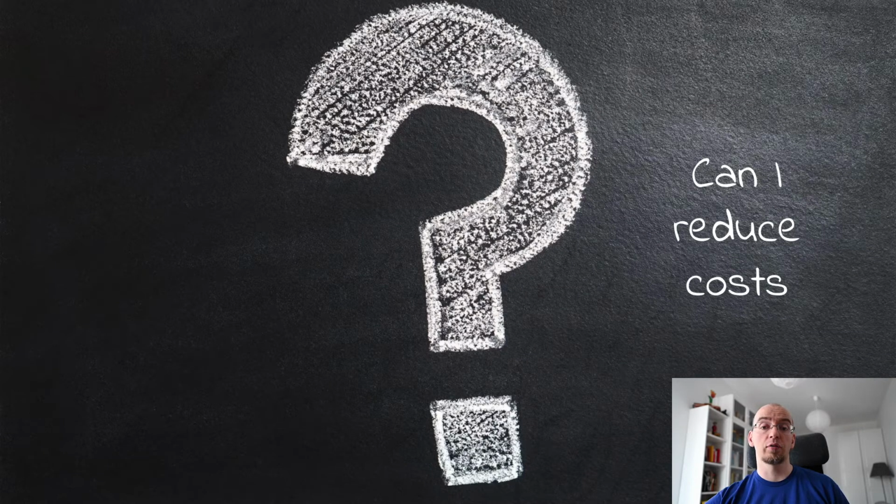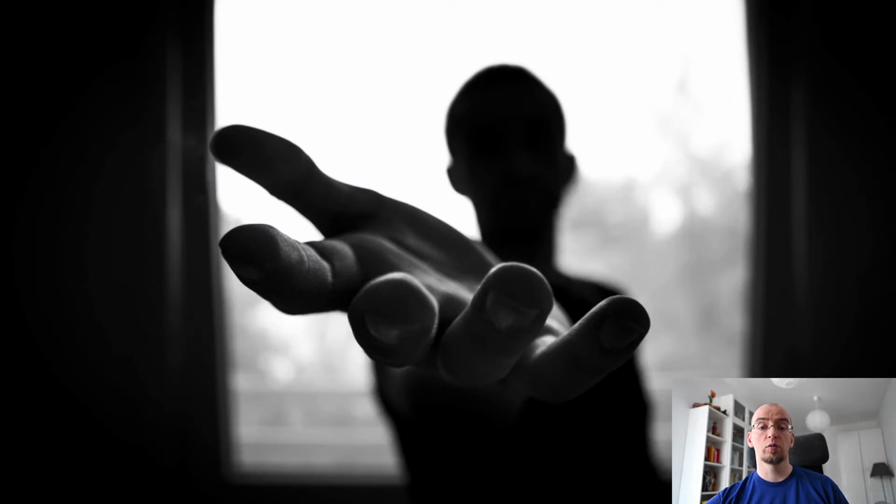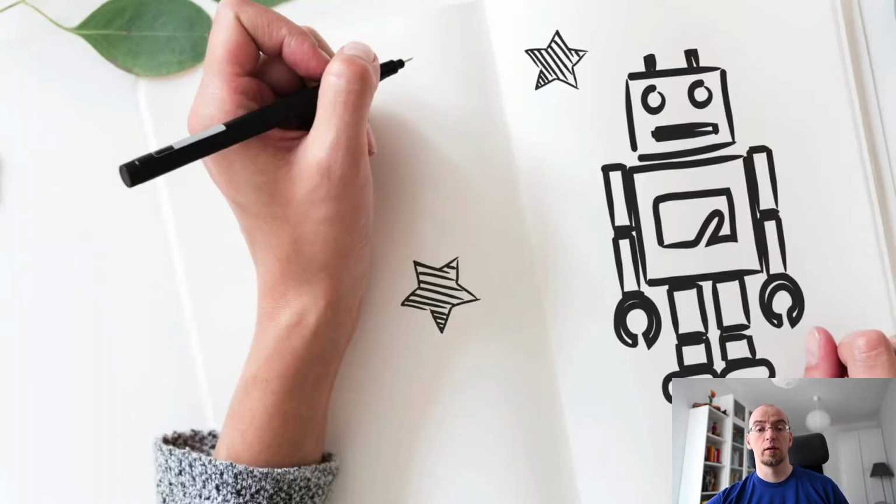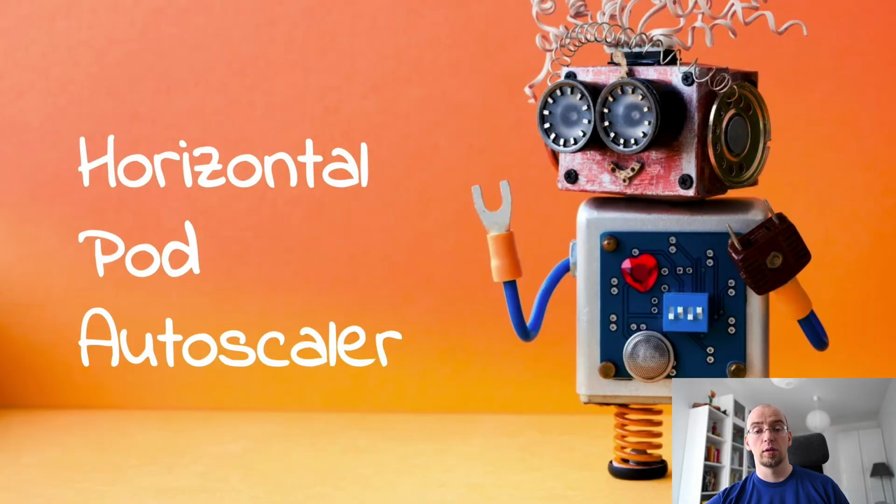Where can I almost effortlessly reduce costs? In other words, we want to give you a helpful hand. A bit of automated assistance, robotic guardians, so that you can have a bit of peace of mind in these challenging times. Let's start. The first robot I'm going to talk about is called Horizontal Pod Autoscaler.